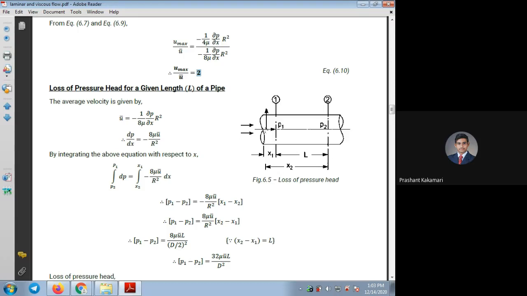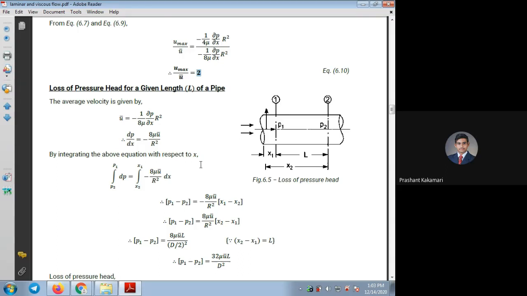So at the entry of the pipe, the total length from the entry to the second point is L plus x1, which is called x2. Okay, the total length of the flow up to the second point is shown here as x2. So between these 2 points we are going to find the loss of pressure, or the drop in pressure. That equation defines the Hagen Poiseuille equation.